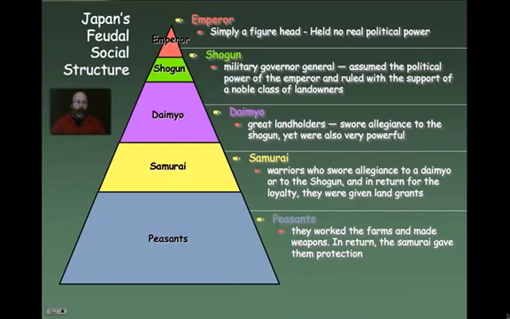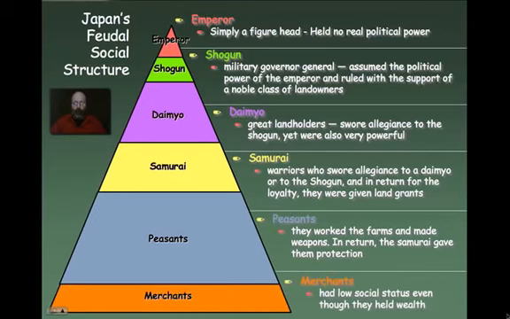But what we see on the Japanese chart that we didn't see in early Europe was merchants. Merchants are also on the chart. The problem is that merchants are at the bottom of the chart. They had very low social status, even though they may have held wealth. Now, what this tells me is that, to some degree, Confucianism had an influence on Japanese society, because we know in China that Confucius said that merchants were not good because they basically profited at the expense of other people's labor, and so he had them placed at the bottom of the chart.